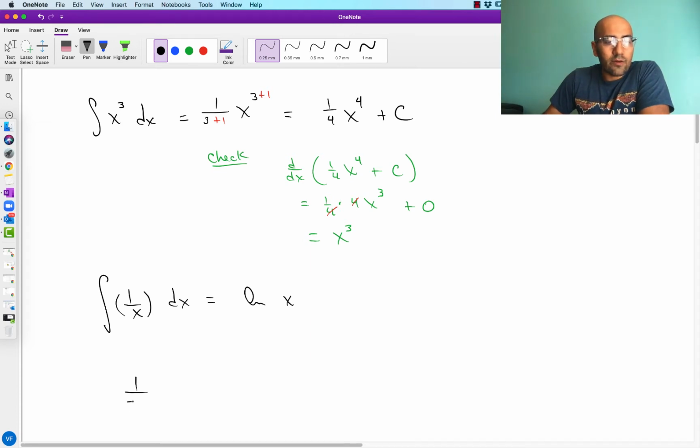We could have 1 over -2, for instance. But we know that the argument of a log function has to be positive. So we have to qualify this by making it the absolute value. So the integral of 1 over x dx equals ln of the absolute value of x, plus c.